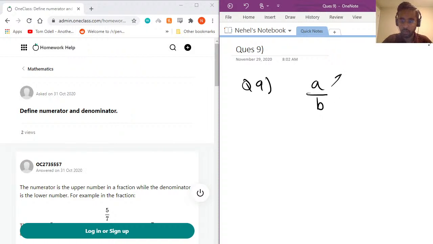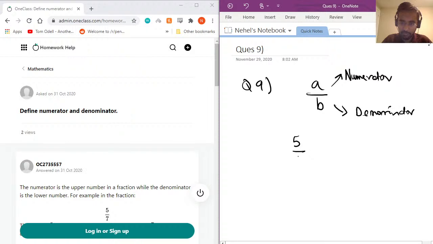The number on top is the numerator, and the number at the bottom is the denominator. So if I'm given an expression 5 over 7, this is the numerator, this is the denominator, and so on.